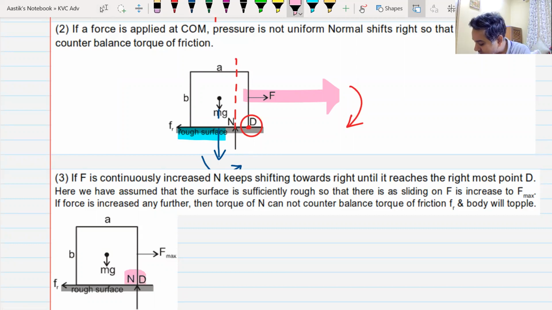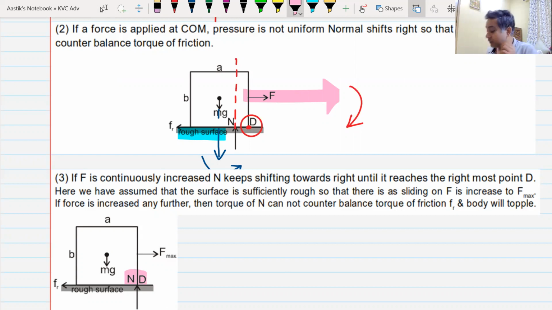Do you see this? Yes, sir. Now the normal reaction cannot shift any further. If you increase the force more than this value, the block will start to topple. Do we understand this?